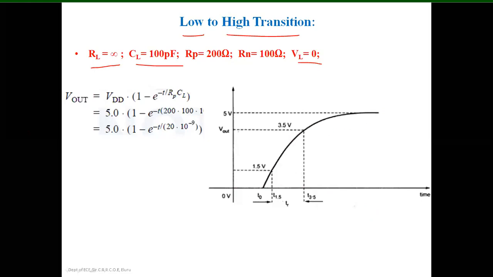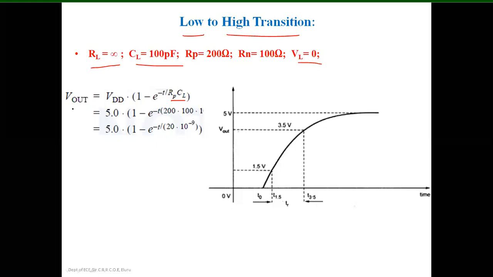So the output equation is V out equals VDD into 1 minus e power minus t by RP CL. Now you can observe that in the fall time the on resistance of the N channel comes in, and in the rise time the on resistance of the P channel comes in.